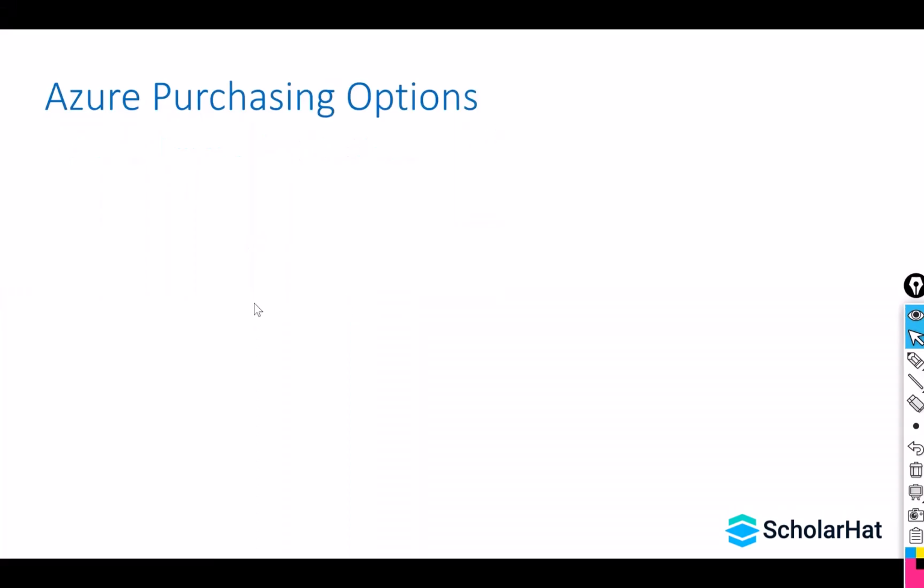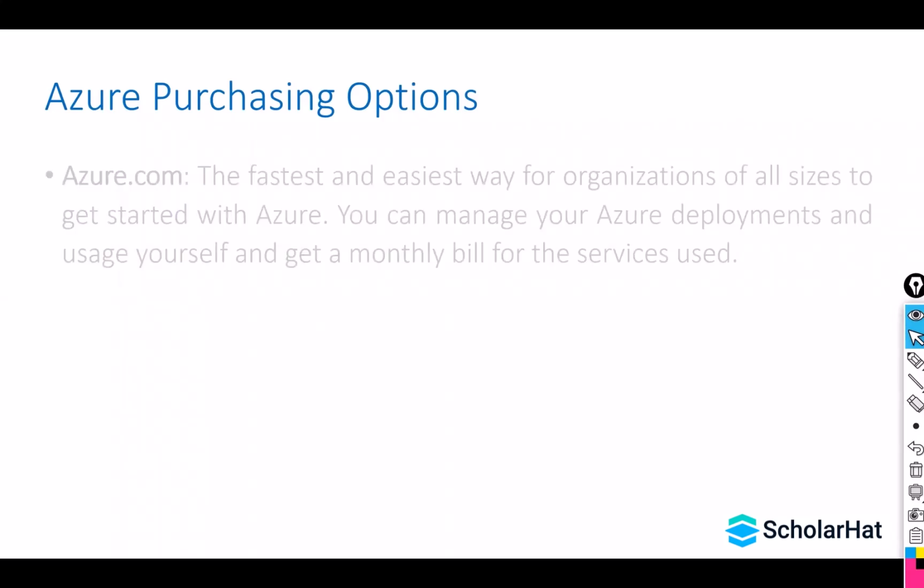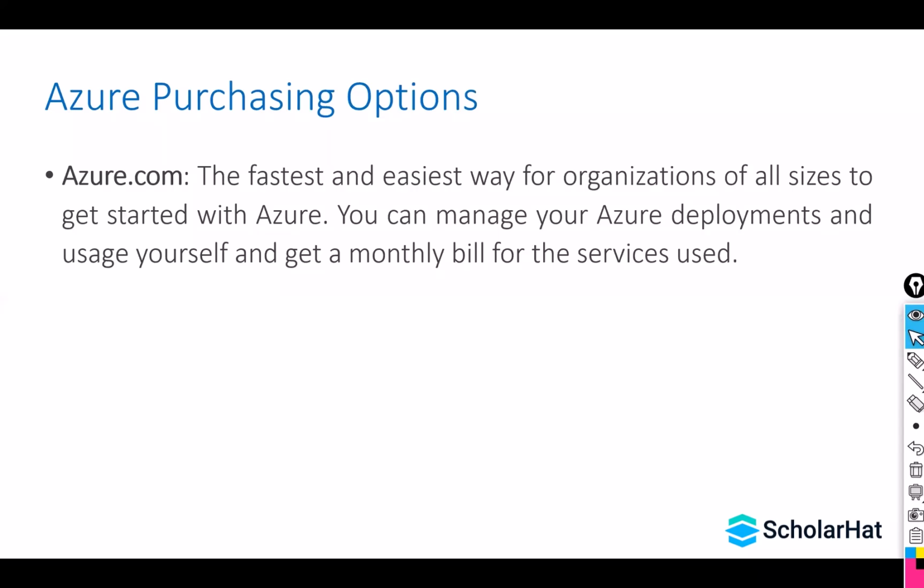We also have the Azure purchasing option. Let's say you are willing to purchase Microsoft Azure for your deployment purpose, or your company is willing to purchase it. You have three options here. The first option is to just go to azure.com.